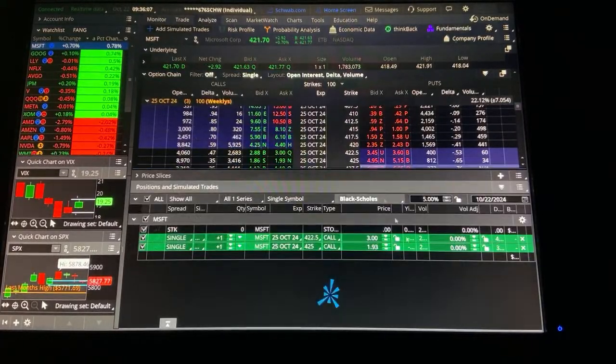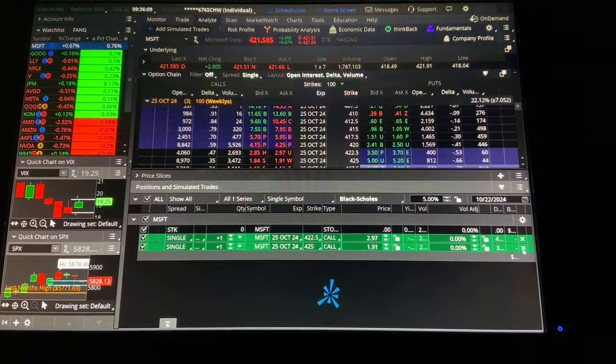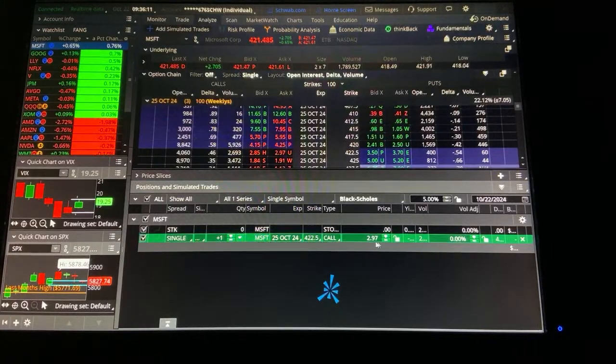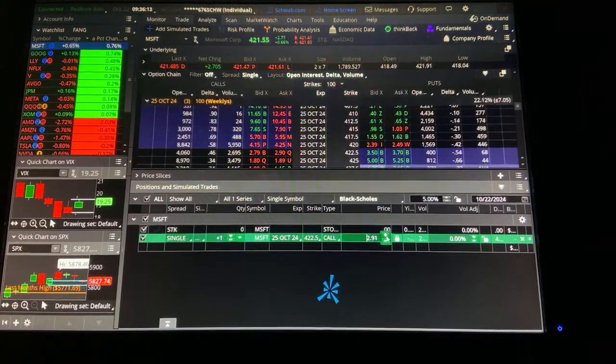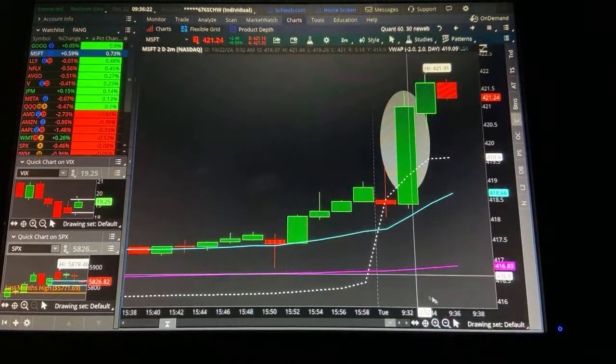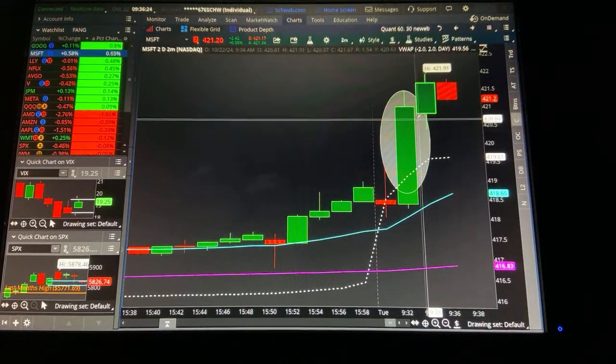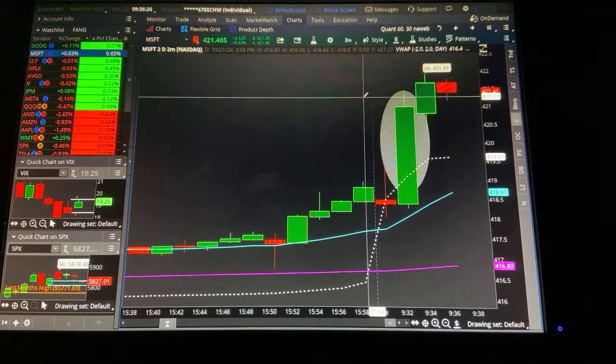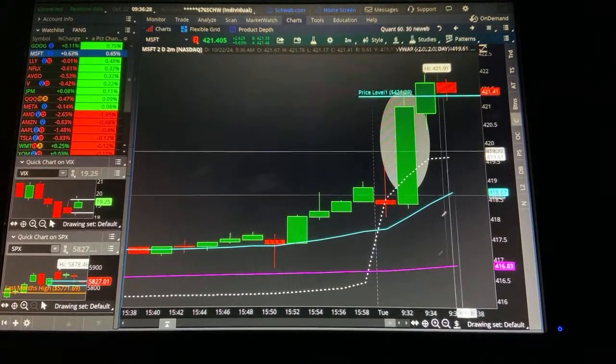Either one of these two are fine. I sent out an order for this one and got filled right there at 295 on the 422 half. I had it on a little bit of a pullback right there on the twos, but it's okay. Just got long call here.